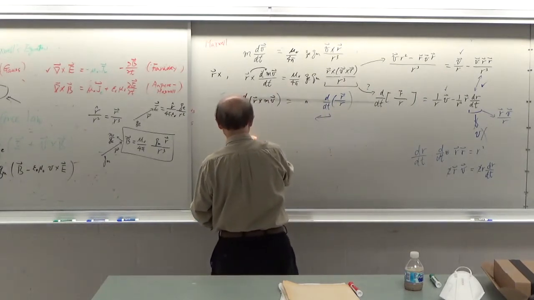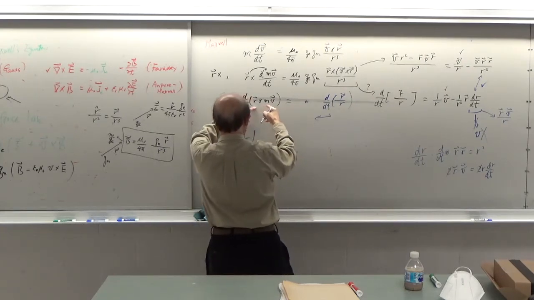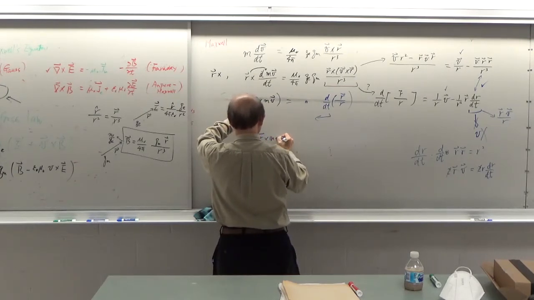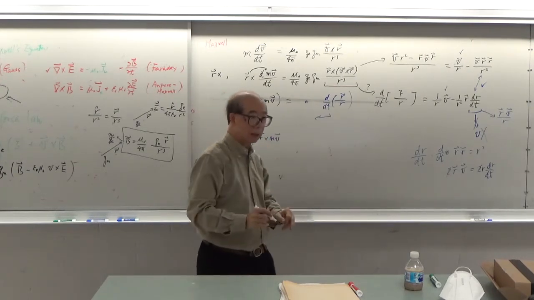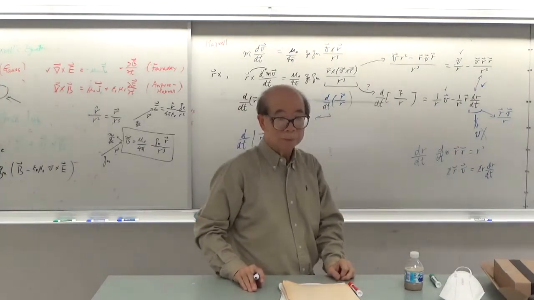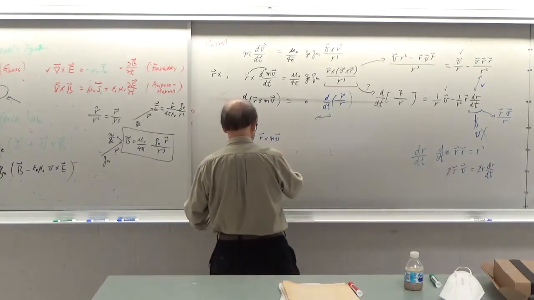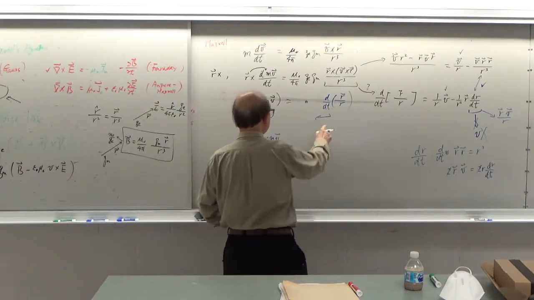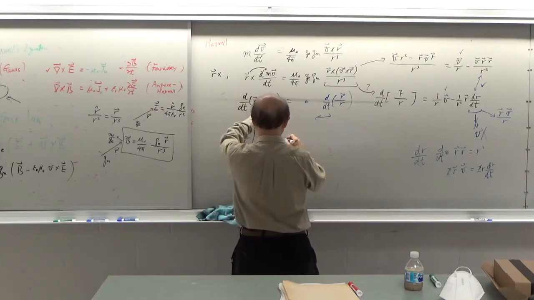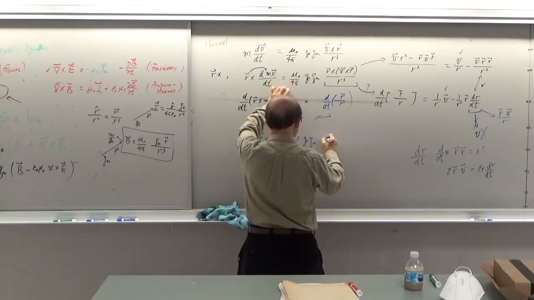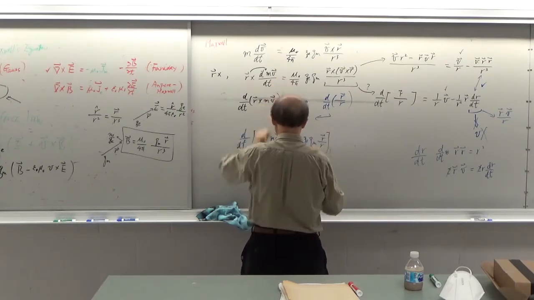Then I have d/dt of r cross mv, which has the physical meaning of orbital angular momentum. And then this term also goes with the minus sign: mu naught over 4 pi q_e q_m r over r.